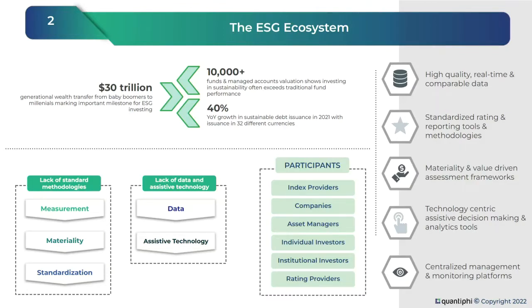Some of the facts that we were able to gather, and when we share the slides, we'll get the sources for you. Almost 30 trillion in wealth is being transferred, generational wealth transferred from baby boomers to millennials, which really shows a lot of potential for ESG investing.